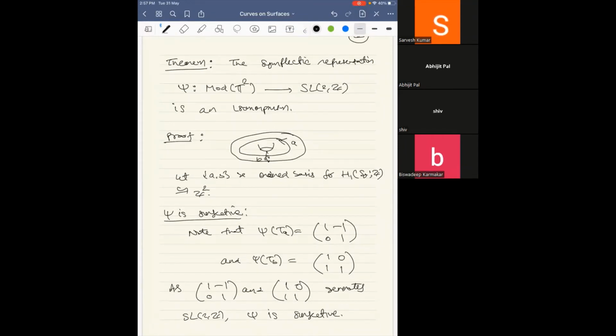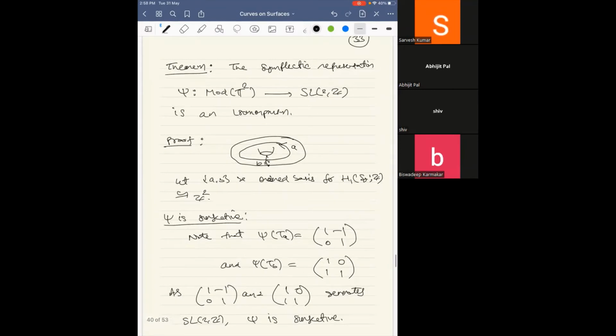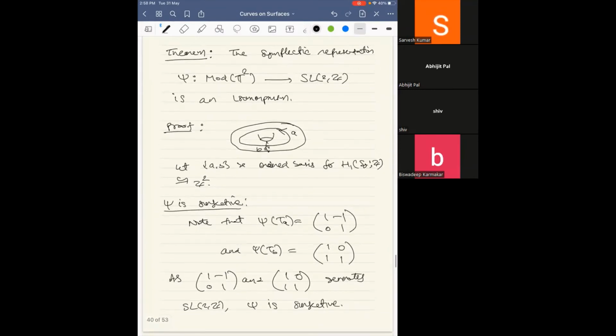First thing, why is this map surjective? That can be seen from the fact that SL2(Z) is generated by the elementary matrices (1 -1; 0 1) and (1 0; 1 1). If you can show that each of these elementary matrices has a pre-image, then you are done.